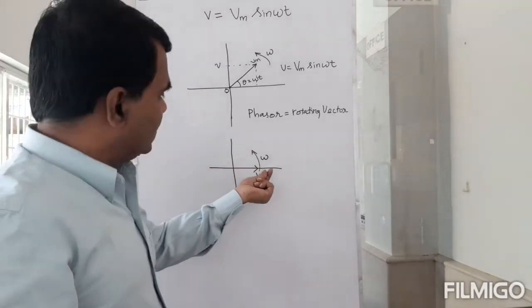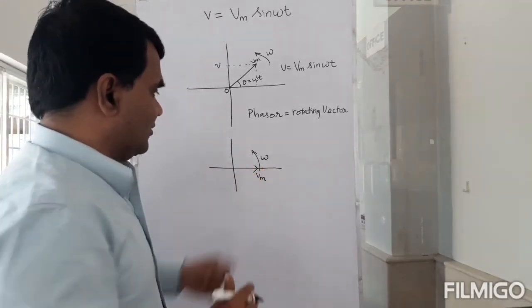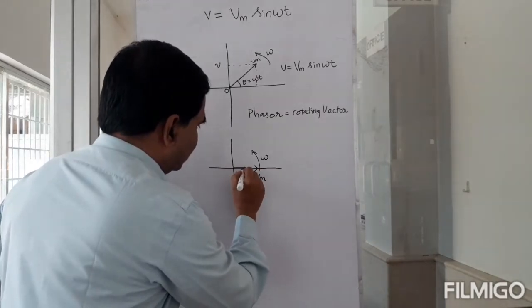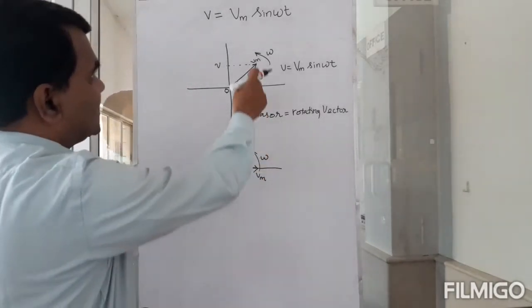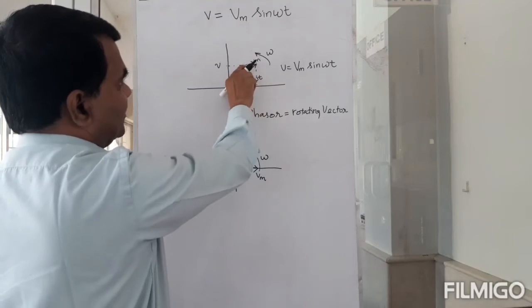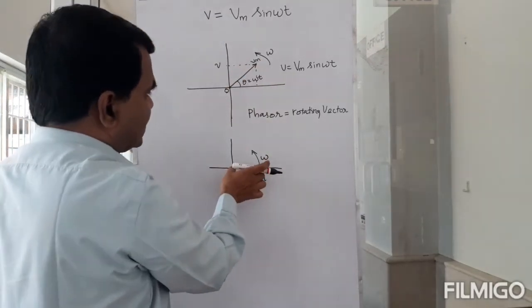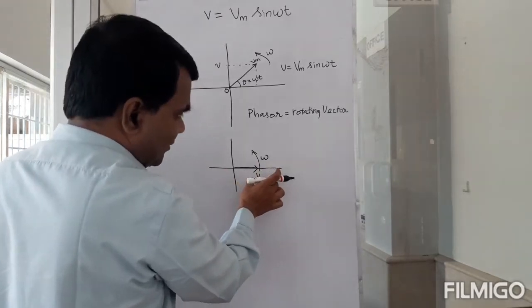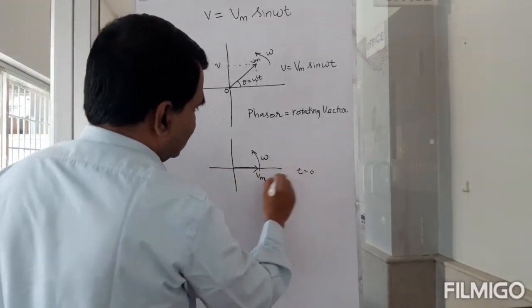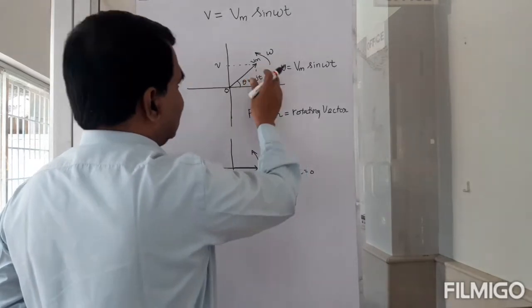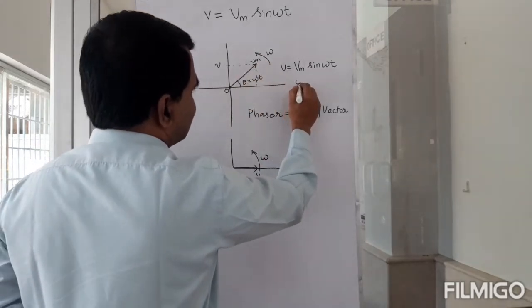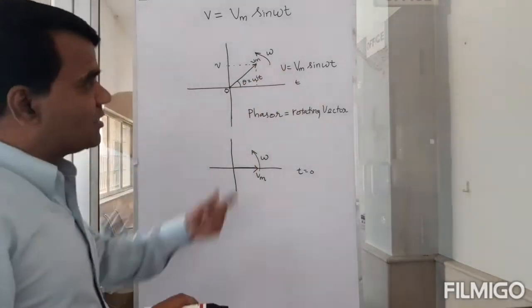The time is equal to 0 here. So this is my Vm. And if my time is equal to t, then it will be here. So this is the same phasor at time equal to 0, and this is again the same phasor at some time t, a non-zero t.